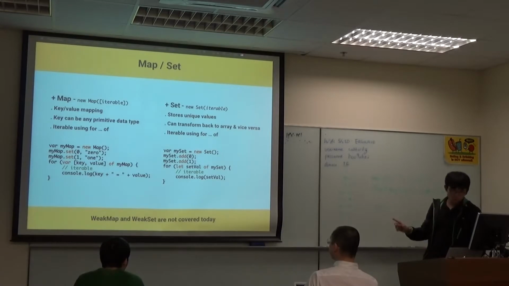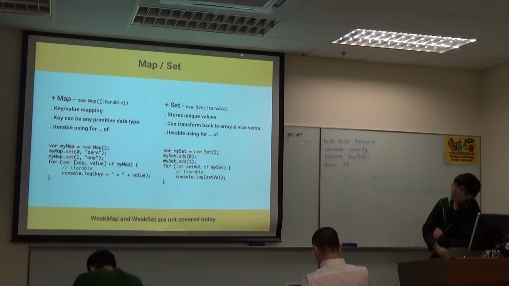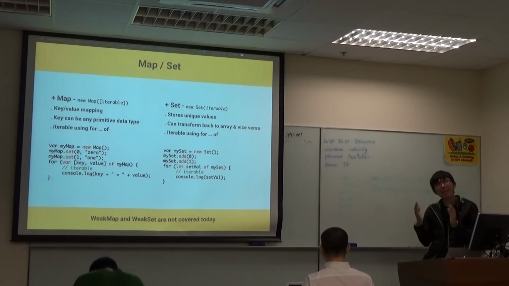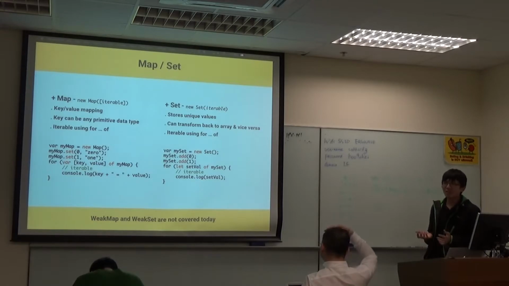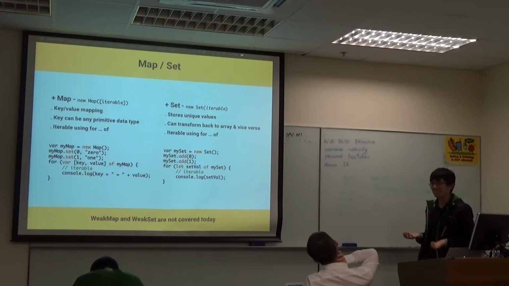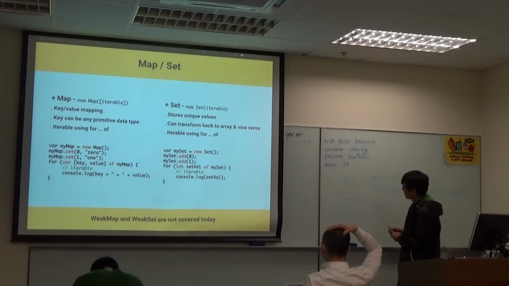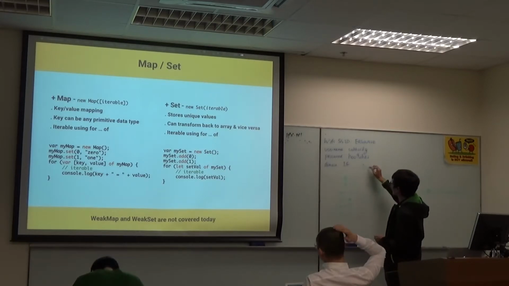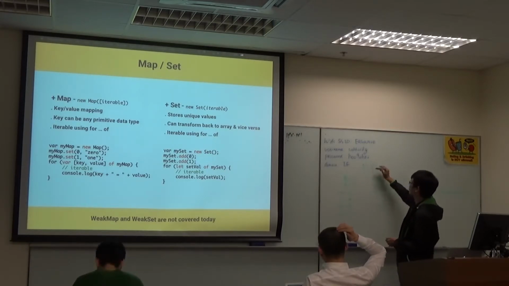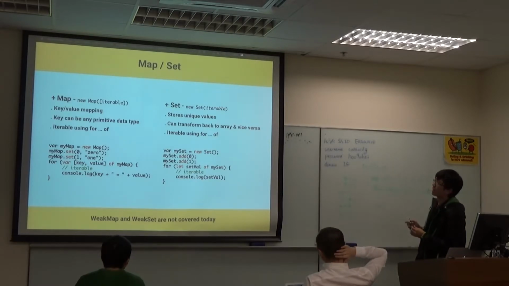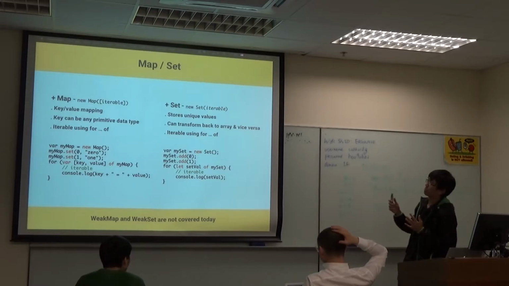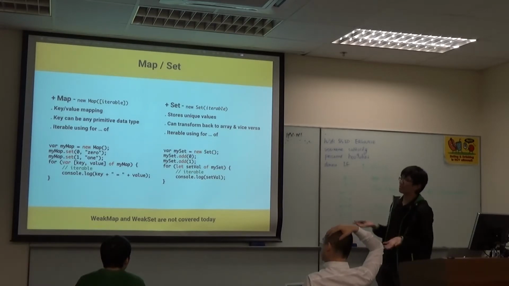Set is used to store unique values. It's a little bit like an array. But in an array, the value can be repeated. Remember, in an array you can have something like that, right? Repeated ones. But in a set, you can only have unique values.